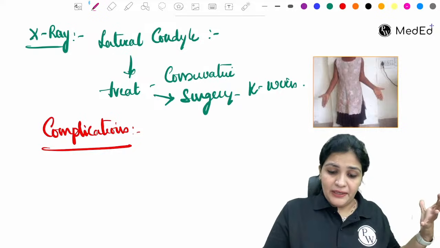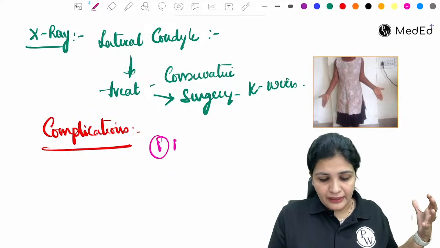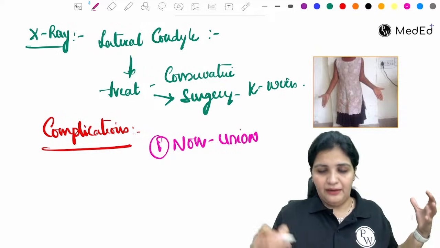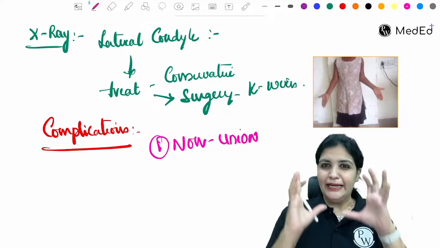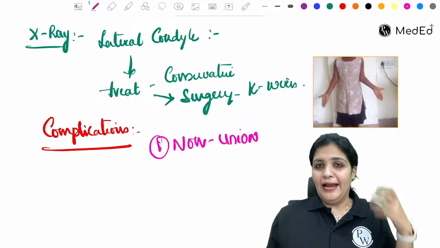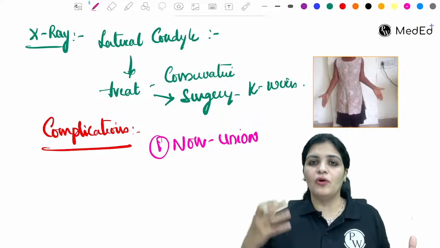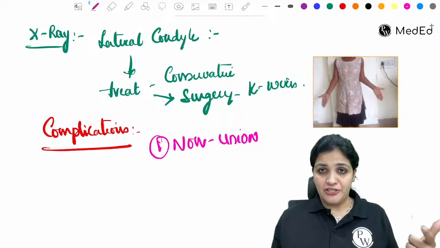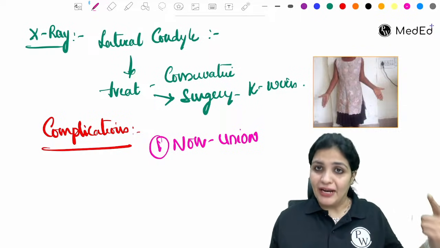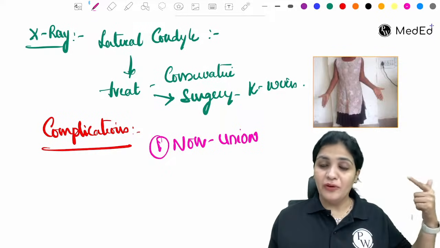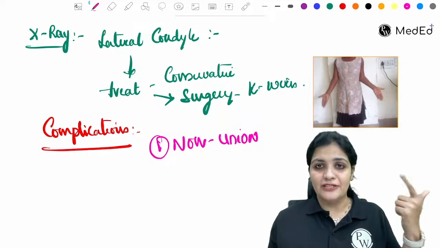So what is the complication? The first important thing is non-union. Yesterday we dealt in detail with fracture healing, and I told you the complications of healing. It could be a delayed union, a non-union or a malunion. In supracondylar fracture humerus, we discussed that the fracture has the tendency to malunite and form cubitus varus, that is a gunstock deformity.